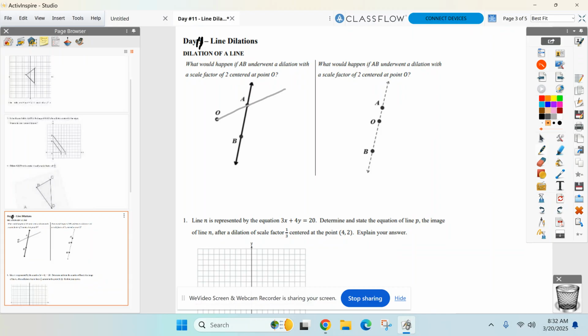So you have a distance from O to A, now that same distance from A to A prime. Can you do the same thing for point B? Lightly draw a line segment from O to B extended through, and put where you think B prime is going to be. Double the distance.